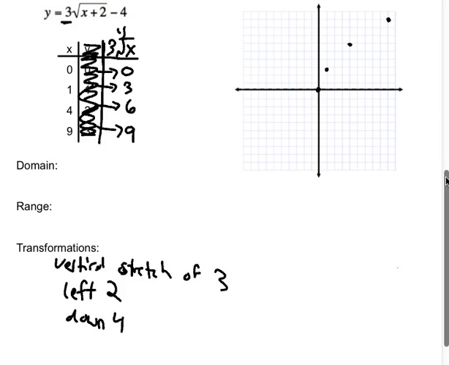Okay, left 2, down 4. So I'm going to start with this point. Left 2, down 4. Puts me right there. I do it to my second point. Left 2, down 4. Do it to this third point. Left 2, down 4. And this point up here at 9, 9. Left 2, down 4.